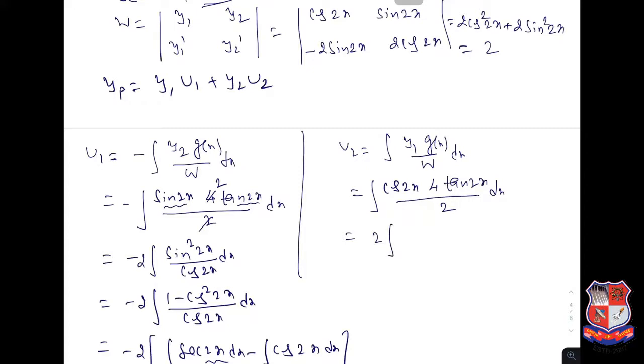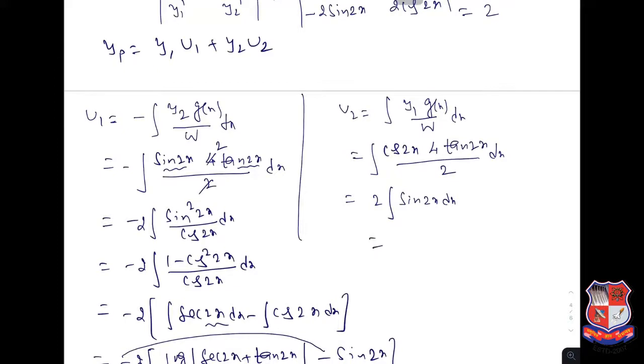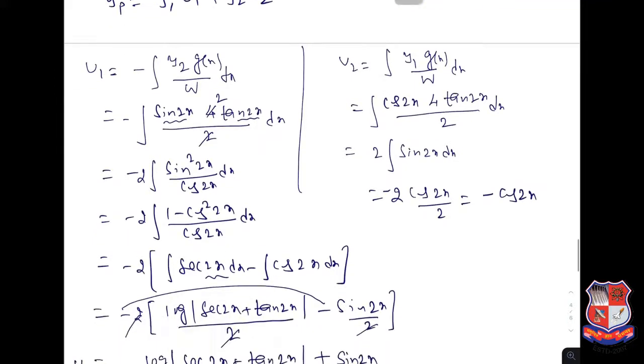So this is 2 integration of, now cos 2x cancel because this is sin 2x upon cos 2x. So it is only sin 2x dx, and since it's easy now, integration of sin 2x, so minus cosine 2x by 2. So this is minus cosine 2x.